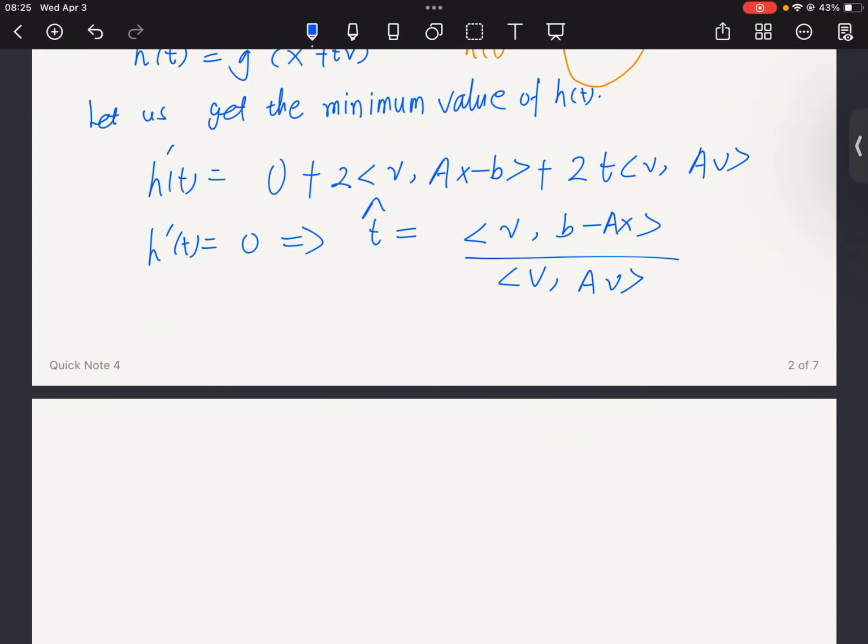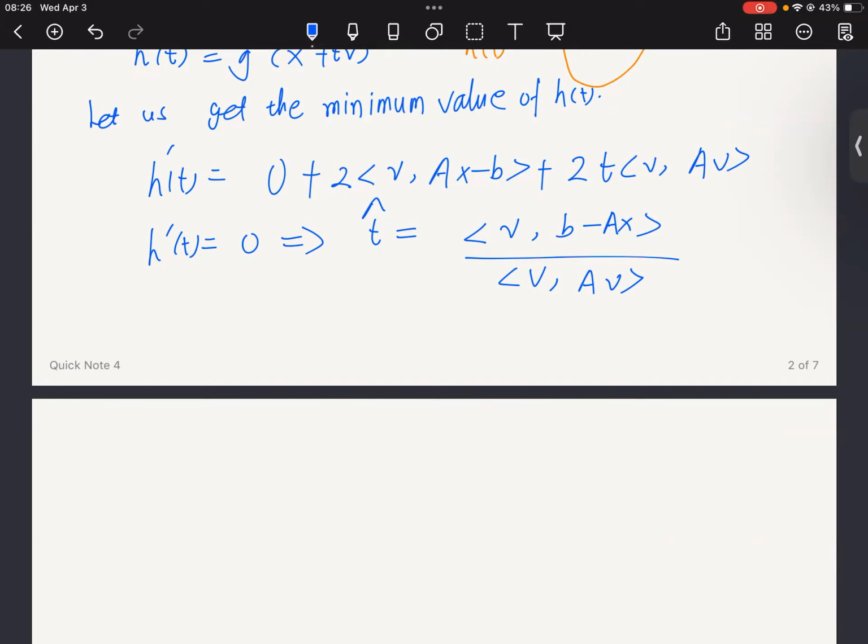This minimum value is attained at this point, x tilde. This is the minimum value of g(x) along this line, and x tilde equals x plus t hat v. This is the first part of the proof of the theorem.